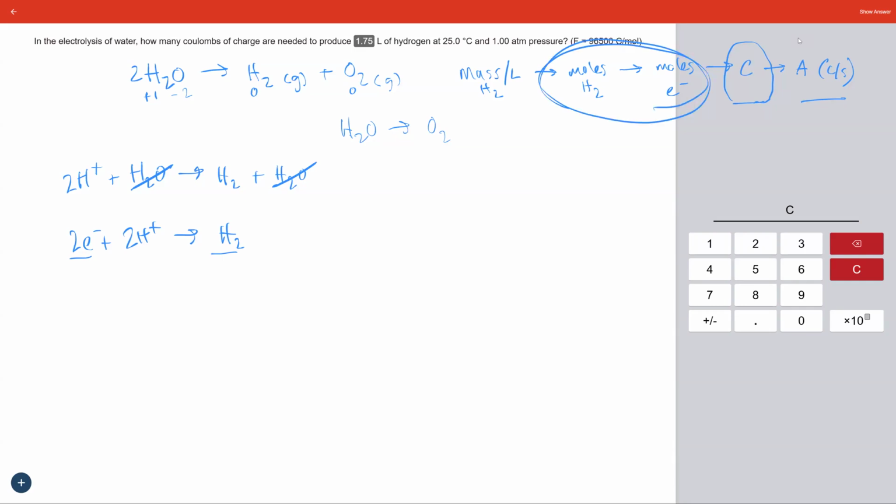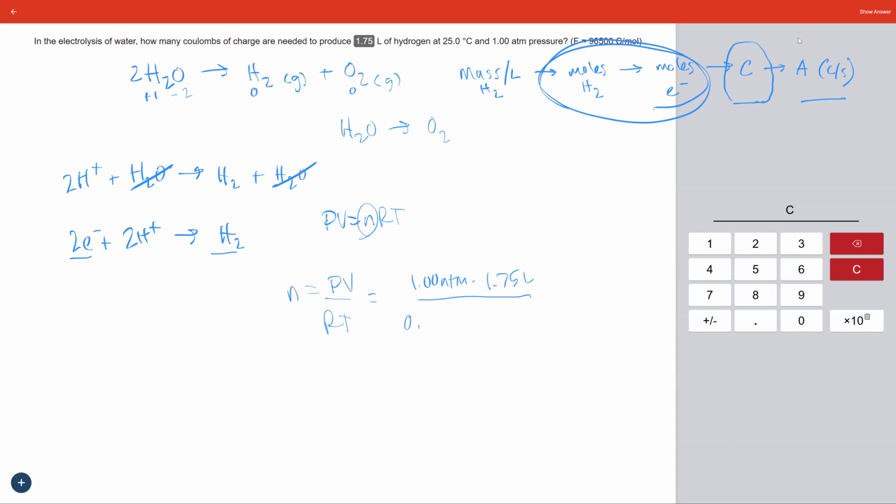That conversion. So first thing we got to do is get to moles of hydrogen here now that we have our balanced half reaction. So I'm going to do that by PV equals nRT. I need to solve for n. So I'm going to say n equals PV over RT. Pressure is given to me at 1 atmosphere. Volume 1.75 liters.